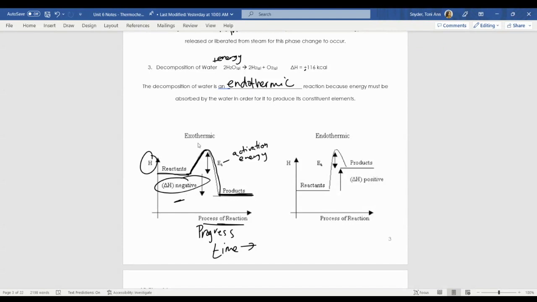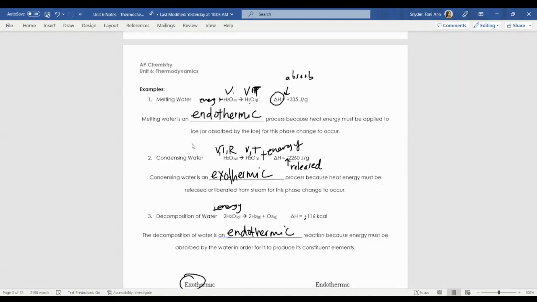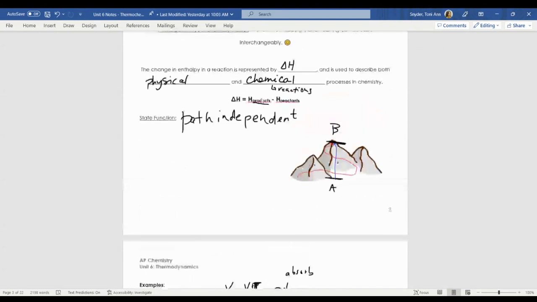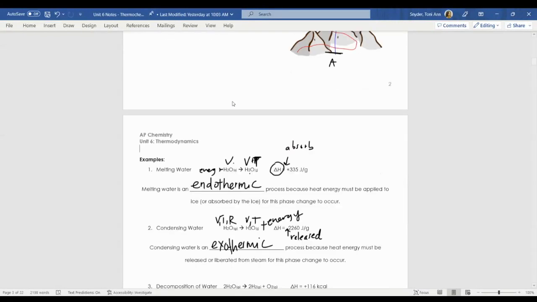So this is an example of an exothermic reaction. Your products have less energy than your reactants, and if products is less than your reactants, you are going to get a negative value for delta H. This represents an exothermic reaction.